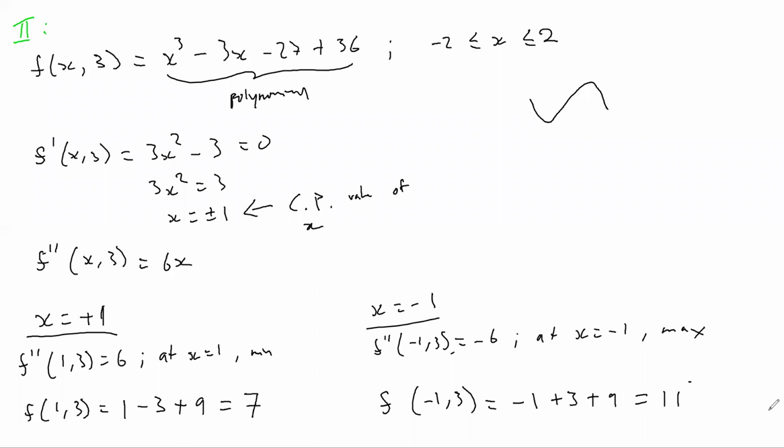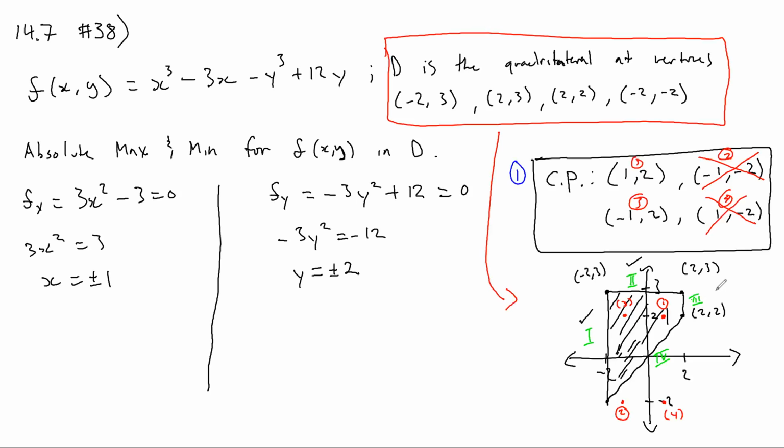Okay, so again, we do the same exact procedure. So for line 3, we have a domain from y equal to 3 to y equal to 2. So it's going to be in between 2 and 3. And then we can say that the x value is going to be 2.